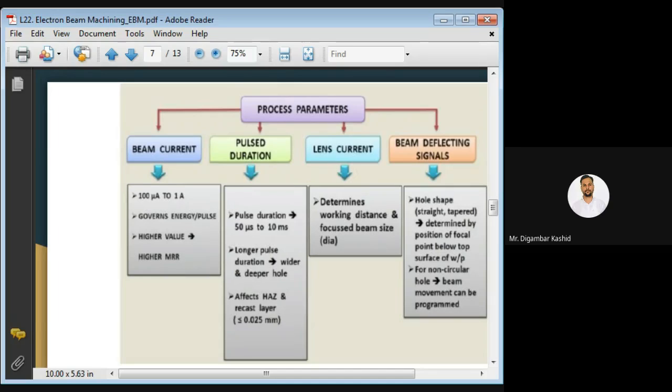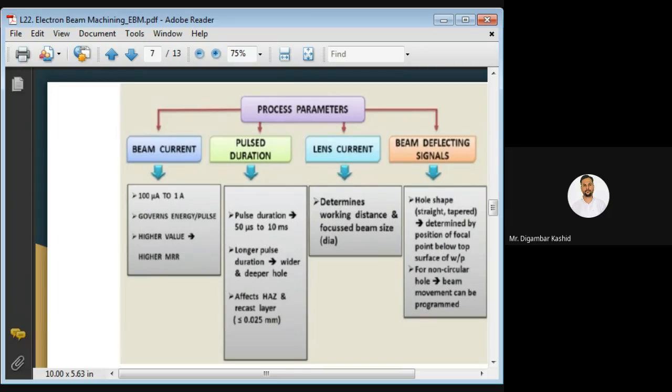Now the lens current determines the working distance and the focused beam size. It determines the beam diameter, and also it determines the working distance.